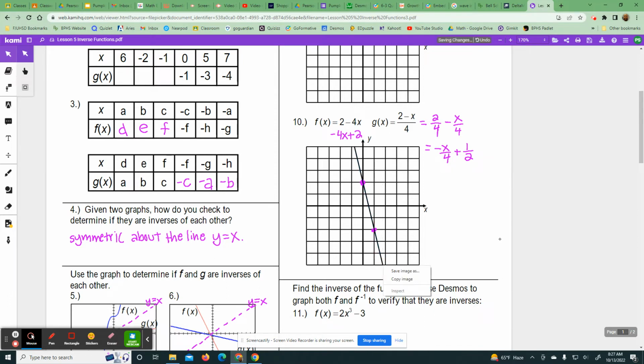Just make sure it goes through both points because I want it to look good. All right. And then I'm going to go ahead and just draw my arrows. Okay, maybe I can select it and change the color. Looks like it moved. It did move a little bit, didn't it?